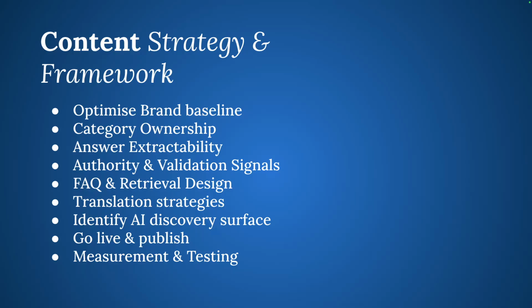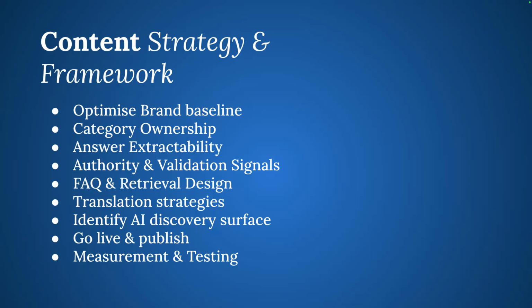Authority and validation signals. Once you've built your authority and you've dominated the category, what signals does the LLM use to validate that what you're saying is the truth? And how do we know where to put our content around the web to increase those validation signals, and to positively optimize and influence them?